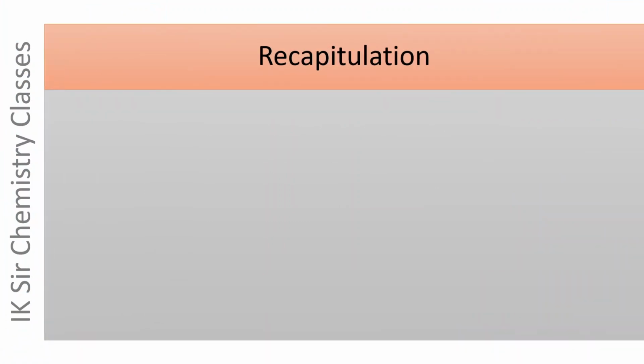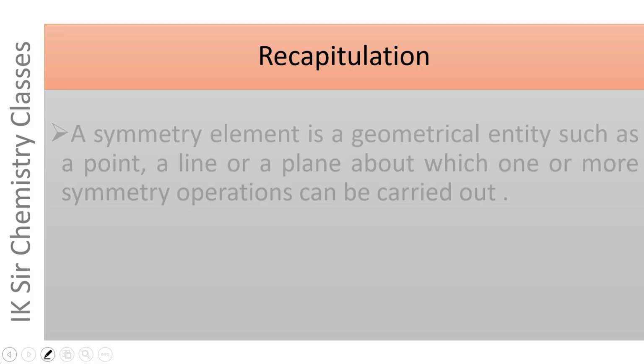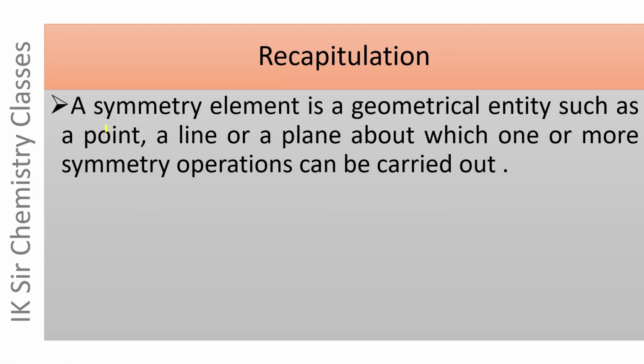Let us first of all recapitulate the main points discussed in the previous video. A symmetry element, that is element of symmetry, is a geometrical entity such as a point, a line or a plane about which one or more symmetry operations can be carried out.